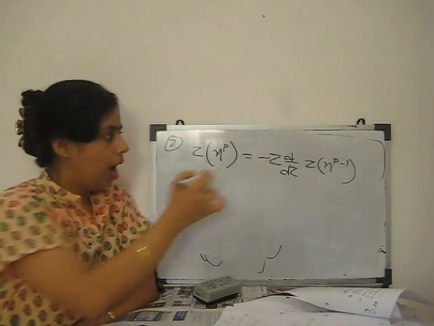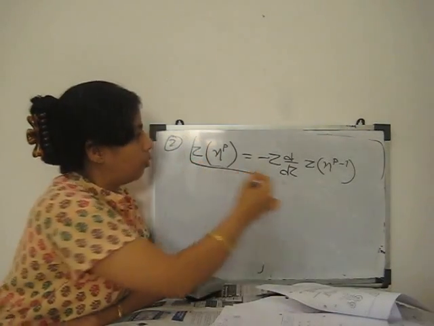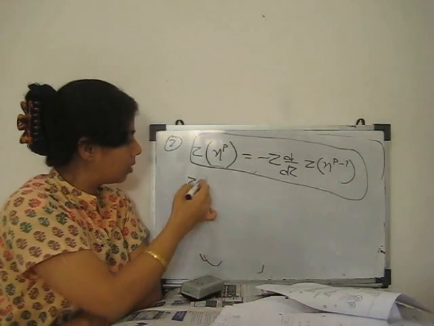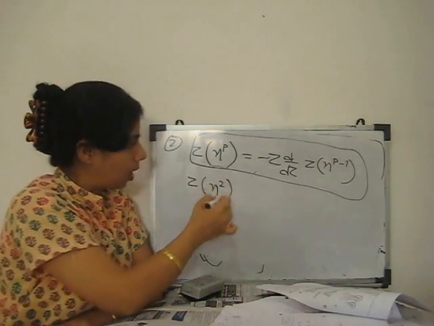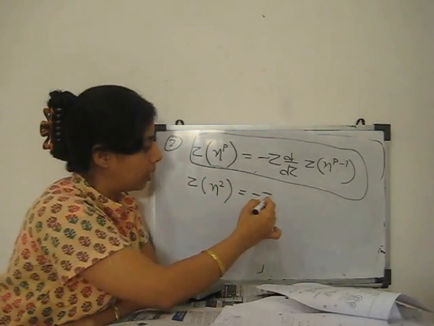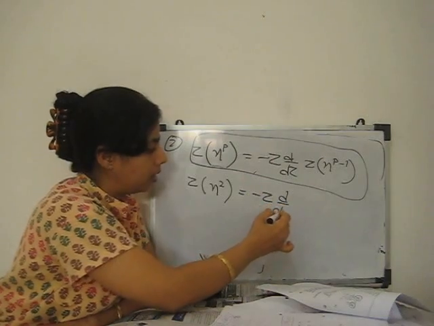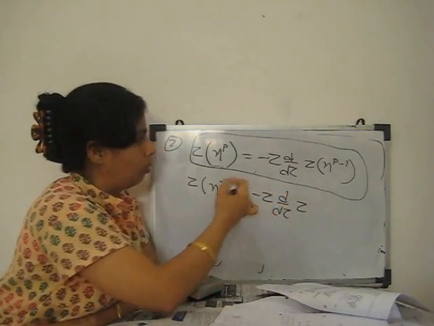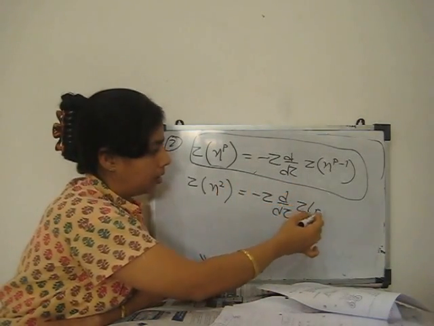This is the general formula you should remember. Then the z transform of n square is minus z d by dz of the z transform of n.